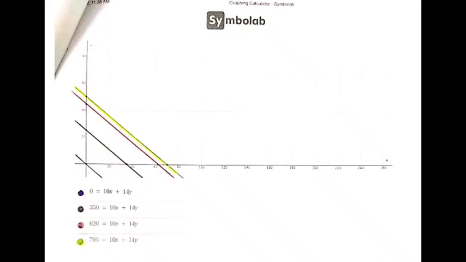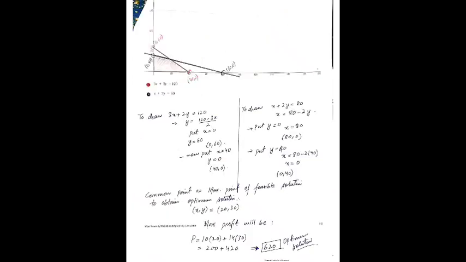Now, these lines are not necessary to draw, but for better understanding, you should draw them, so you can have a clear idea of what you are going to do. You can do this with a scale, or by hand. So I think this graph is clear.